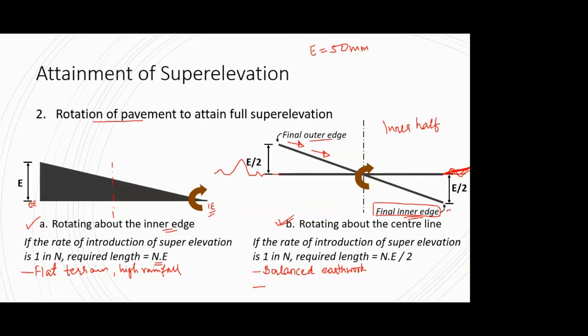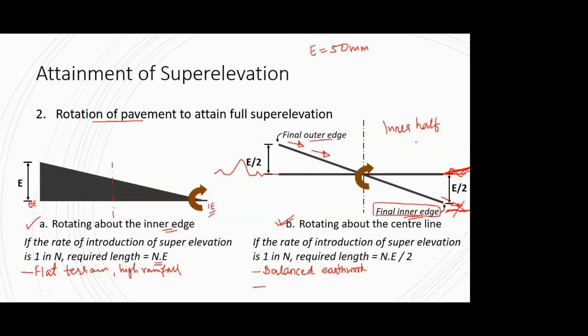If the adjoining land level was somewhere here, the water would have rushed into the adjoining land and then through the drainage. But in this case, as we don't have adjoining land at the level of your inner edge, we have it somewhere up, so the water will start accumulating on the inner half, unless you provide a very proper drainage system which can handle the complete runoff.